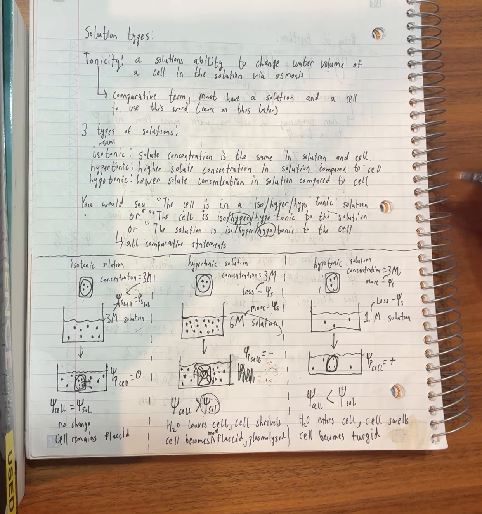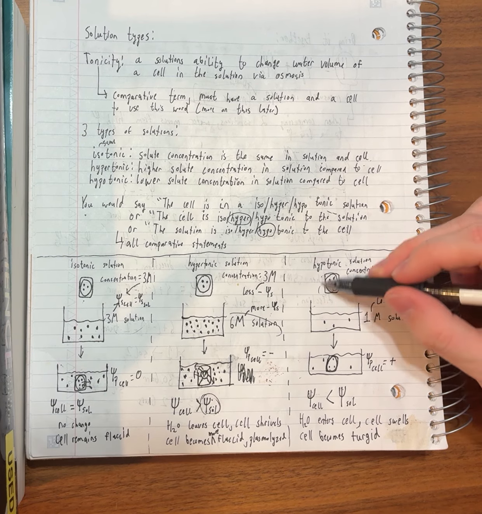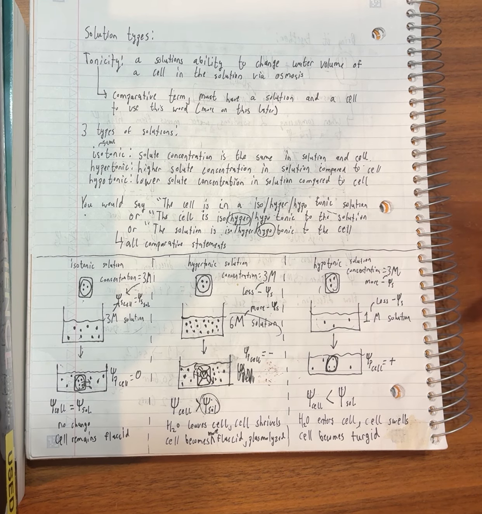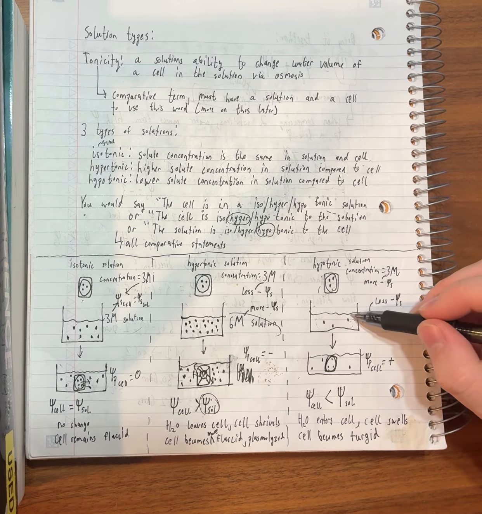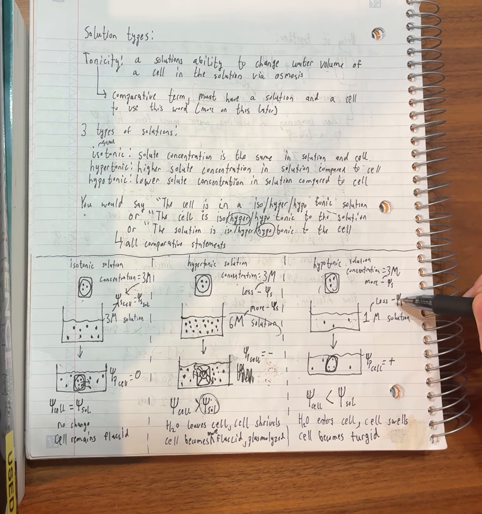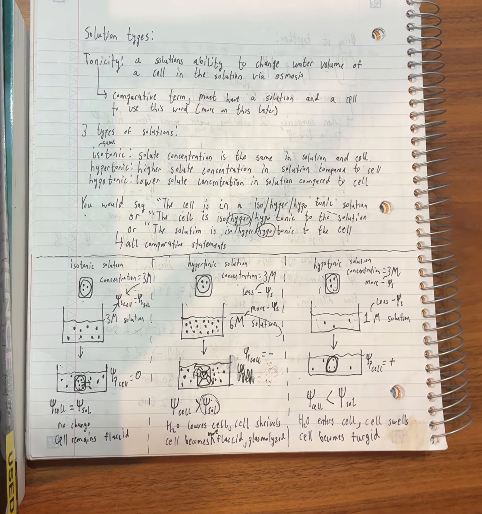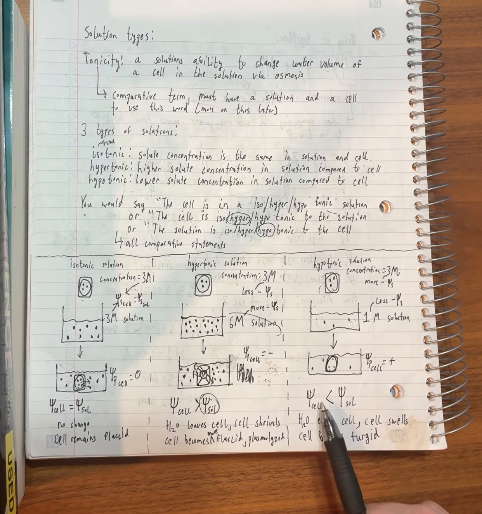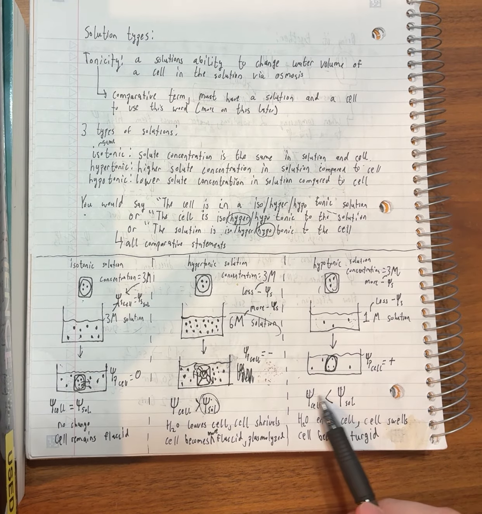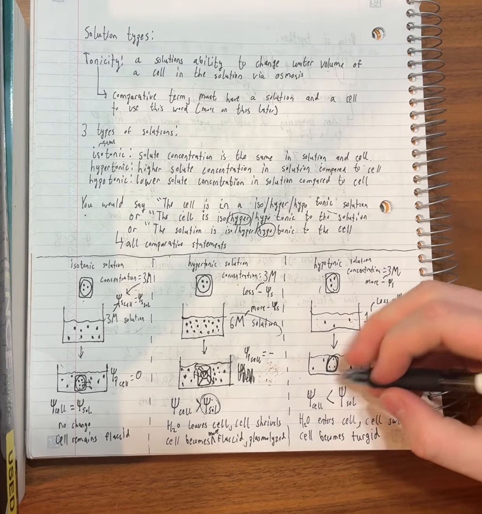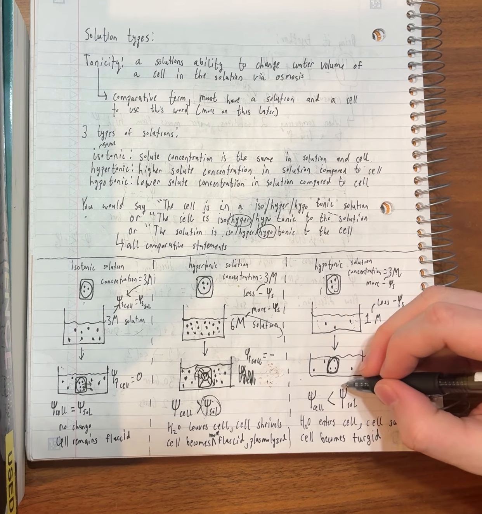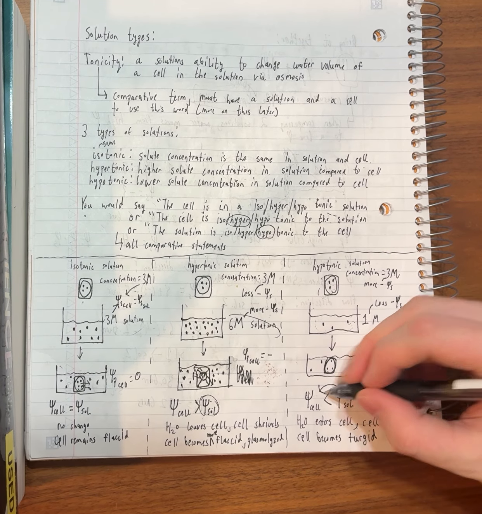Well, which is higher, the water potential of the cell or the solution? The answer is the water potential of the solution is going to be higher because it has a closer to 0 or a less negative solute potential. So we have now the water potential of the cell is actually less than the water potential of the solution, which means water is going to go from the solution into the cell.